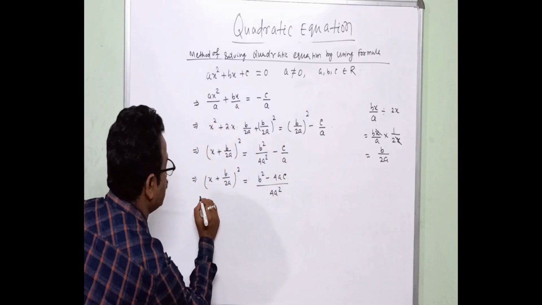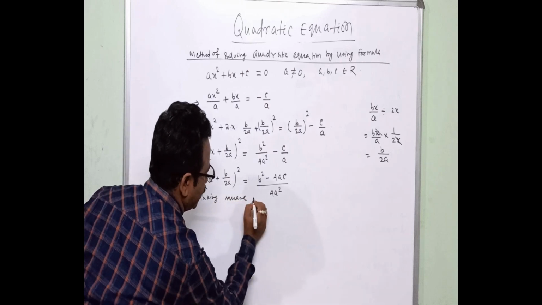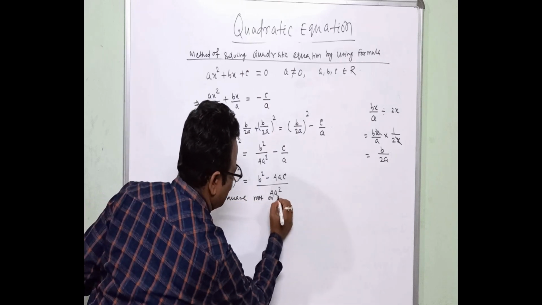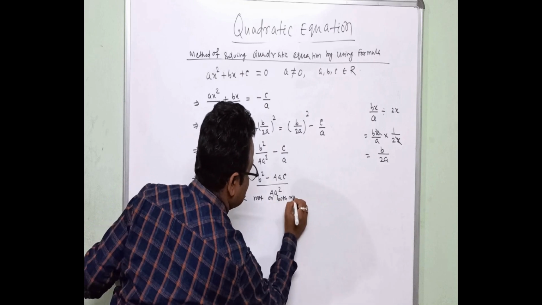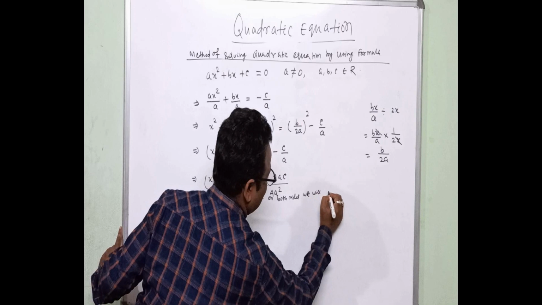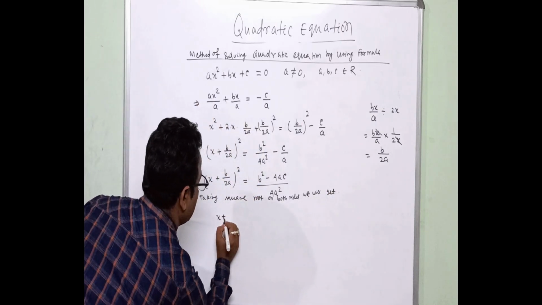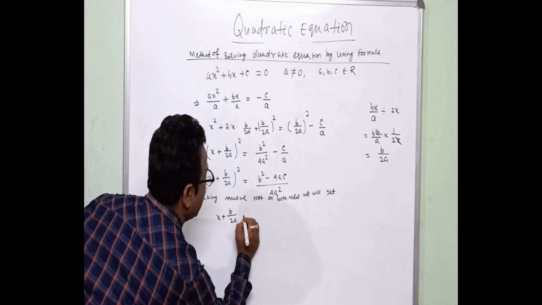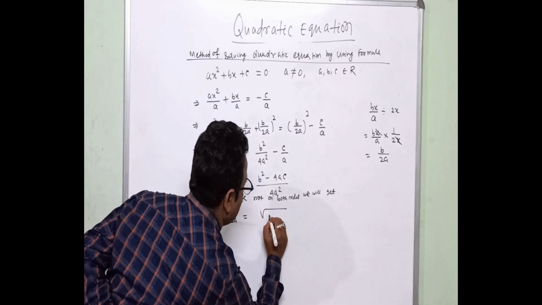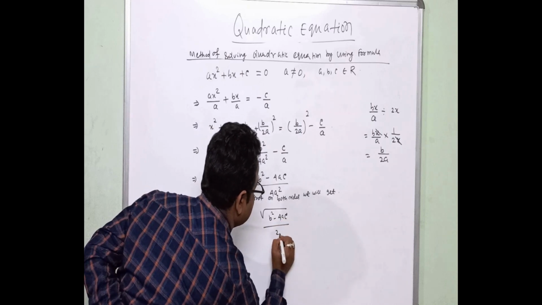Now taking square root on both sides, we will get x plus b by 2a is equal to root over b square minus 4ac by 2a.